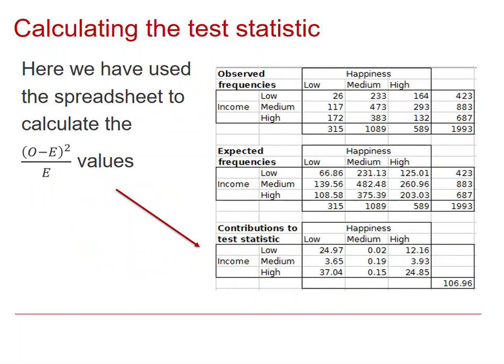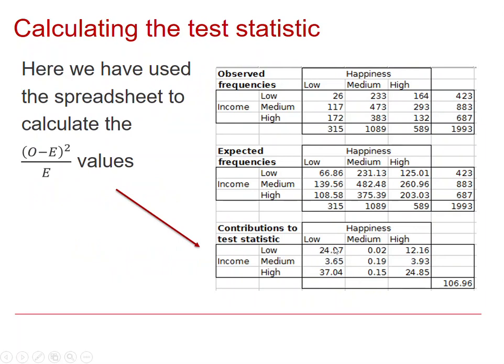Here you can see I've calculated O minus E squared over E for each of the cells. So in this case, for the low cell, O is 26 and E is 66.86, and I've calculated that value to be 24.97.